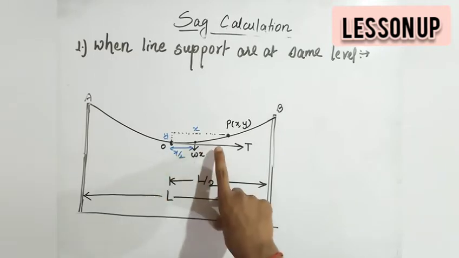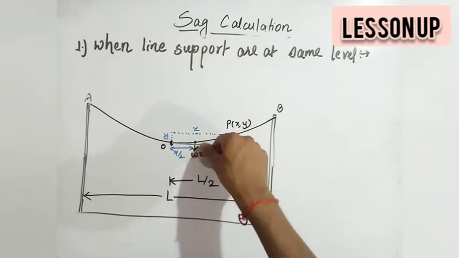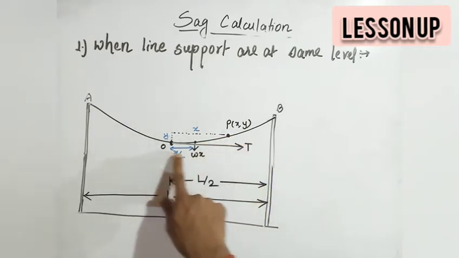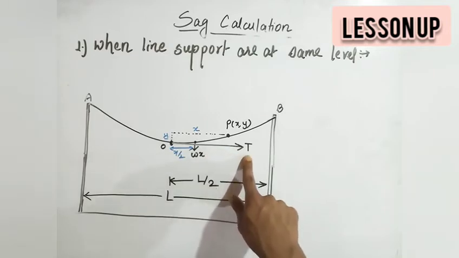The portion of curve OP is subjected to one vertical force, that is W into x, and one horizontal force, the tension T.